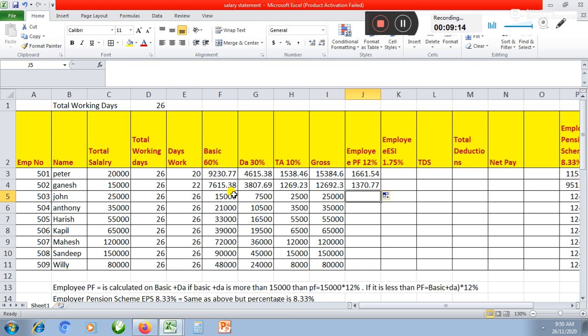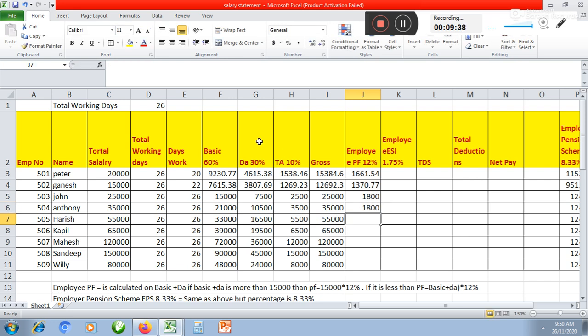Here the total again is what? You are getting basic salary 15,000 and 7, that means more than 15,000. When basic plus DA is more than 15,000, you calculate directly 15,000 into 12%. Direct on 15,000. This is also more than 15,000, so I'll calculate it as equal to 15,000 into 12%.